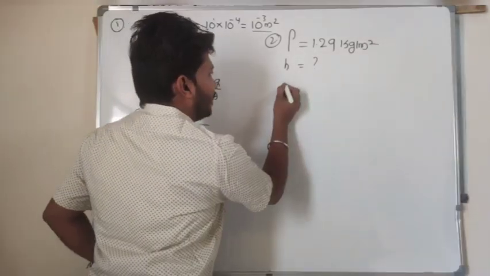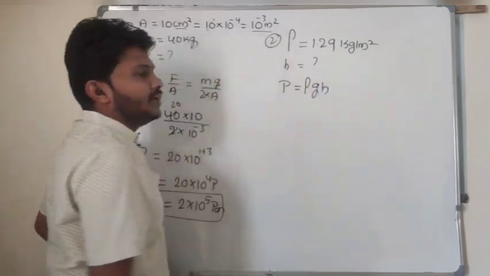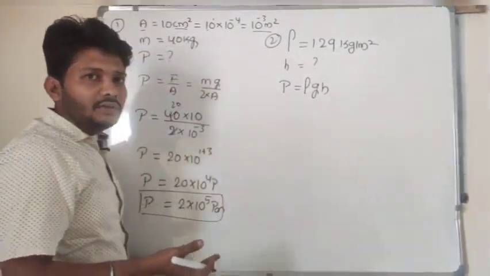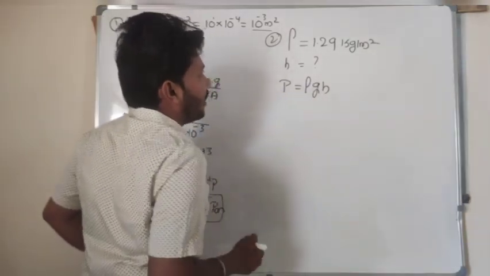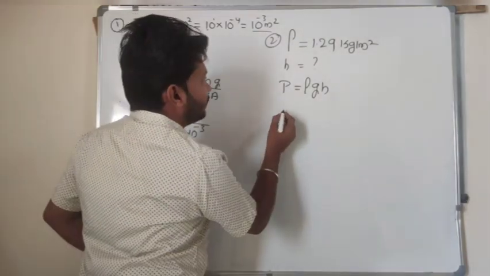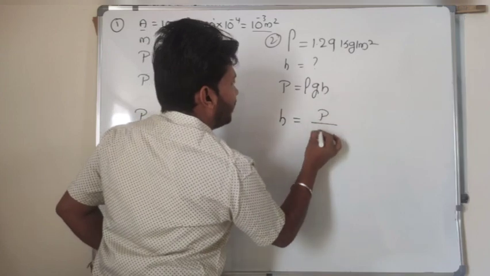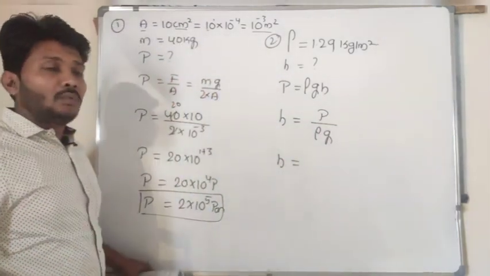So we have the generalized formula, pressure P is equal to rho g into h, where rho stands for density, g means acceleration due to gravity, and h is the height. So I have to find out the value of h here. Look at here, h is equal to P divided by rho into g, where P means atmospheric pressure.